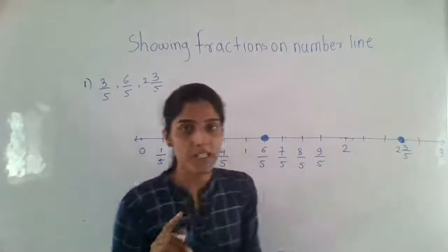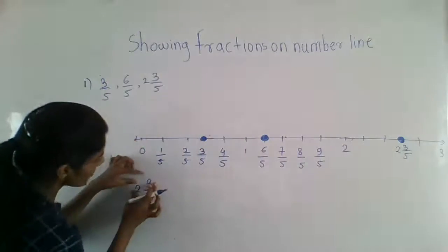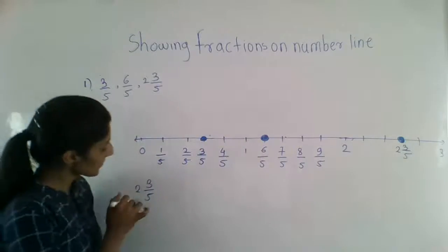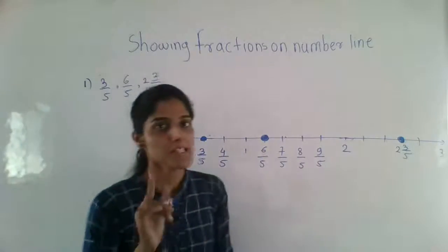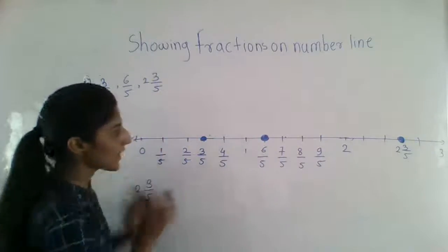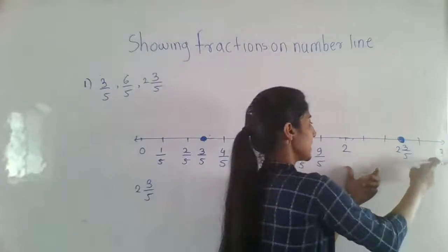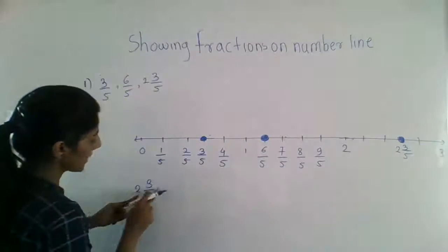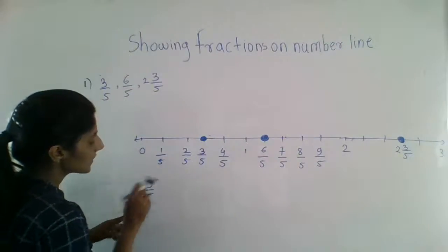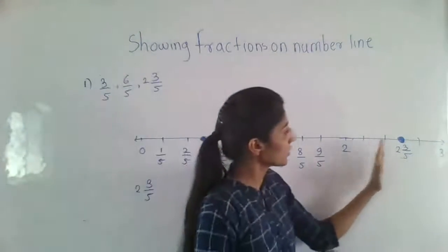Understand? See how to represent a mixed number. Look at the two whole numbers on top. 2 and 3 means this number comes between 2 and 3. So here 2 and 3. Now 2 and 3 means after 2, the third position: 1, 2, 3.